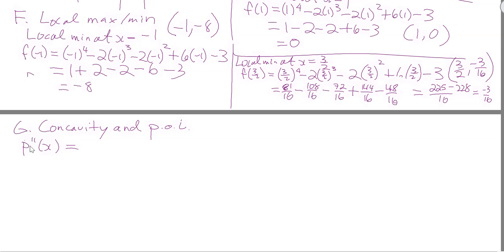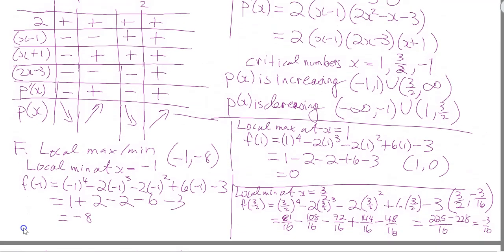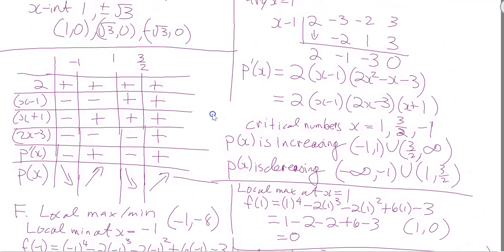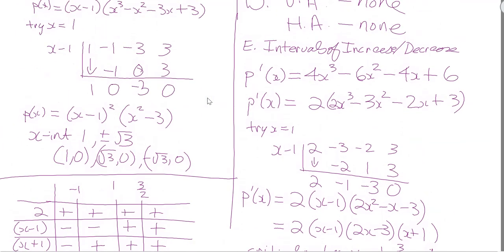So go to the original P prime of x, 4x cubed minus 6x. Don't use the factored form. Just go to the original. You can probably see what I have written down.